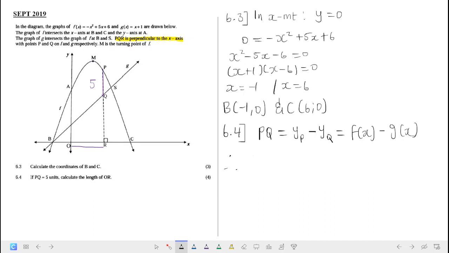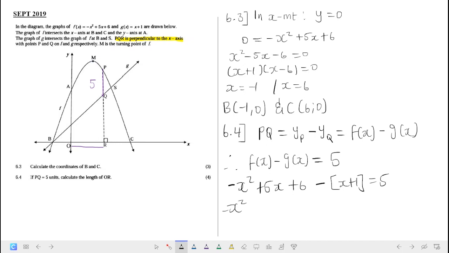So we're saying f(x) - g(x), which is PQ, is equal to 5 units. Now what is the equation of f(x)? f(x) is -x² + 5x + 6 minus, now g(x) is x + 1, equals 5.